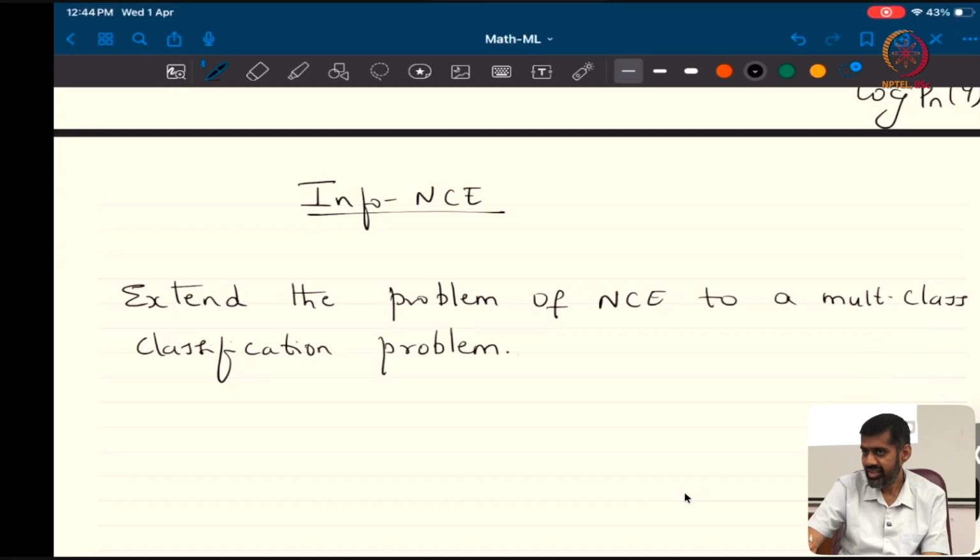Now, in NCE we solved a binary classification problem, where there is data and noise, and we try to classify between them. In Info-NCE you solve it in the multi-class classification sense.